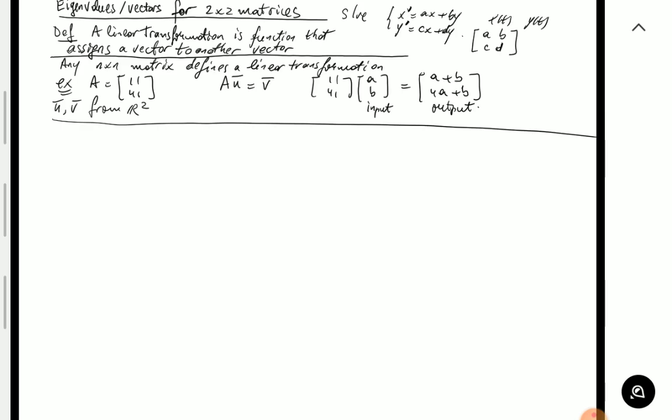Given a transformation represented by a matrix, another question you can address, which is again related to the eigenvalues and vectors, is: which vectors change their magnitude via this transformation?